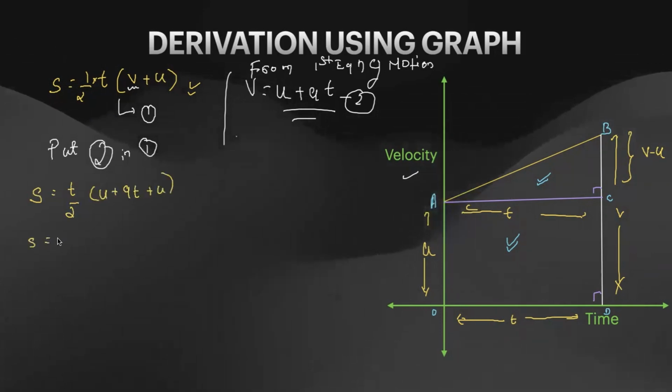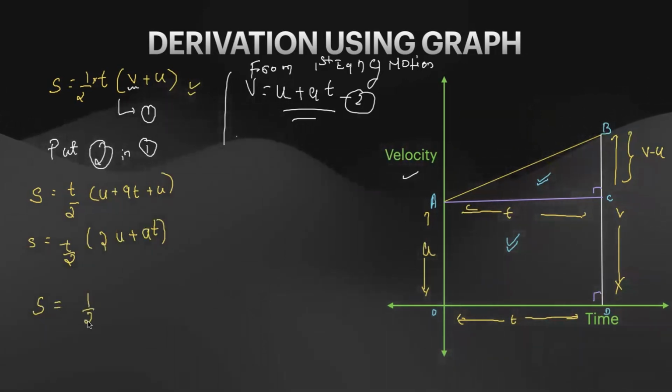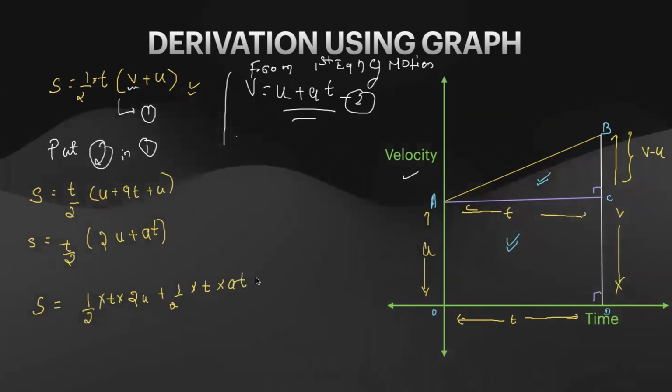S is equal to t by 2 into 2u plus at. Multiplying these, S is equal to half into t into 2u plus half into t into at. So the 2 cancels.